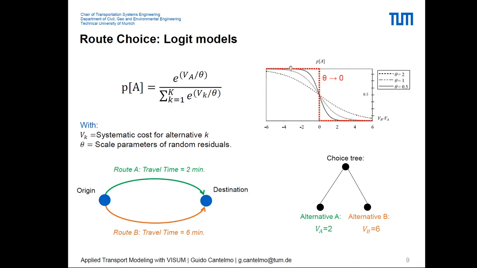So this is also shown in this picture over here. For theta equal to 0, you can see the deterministic choice. On the x-axis, we see the difference between the utility, VB minus VA.